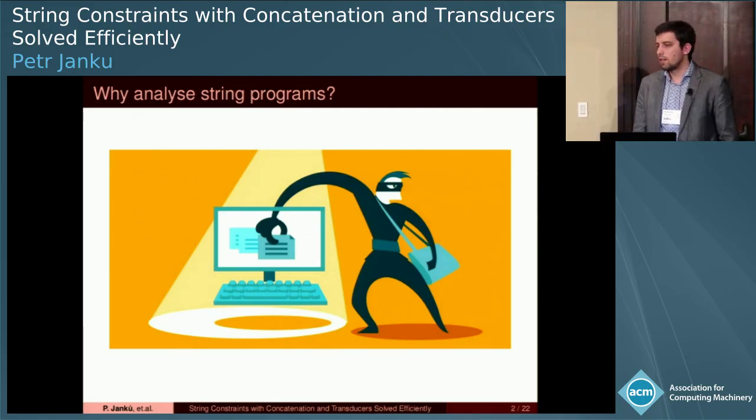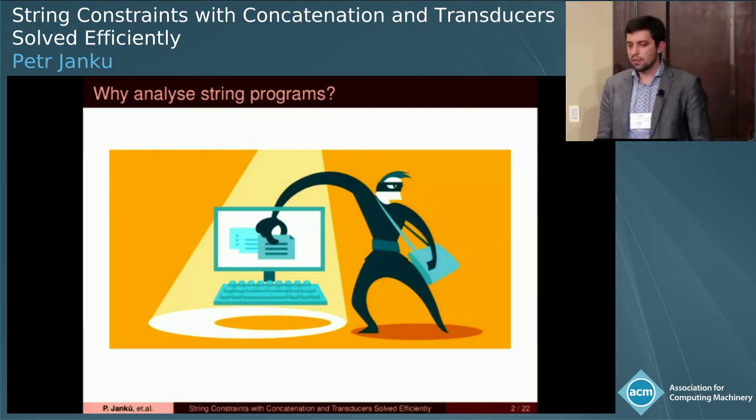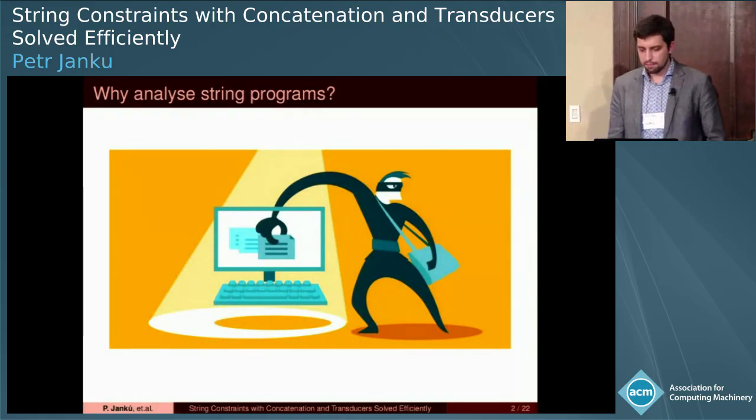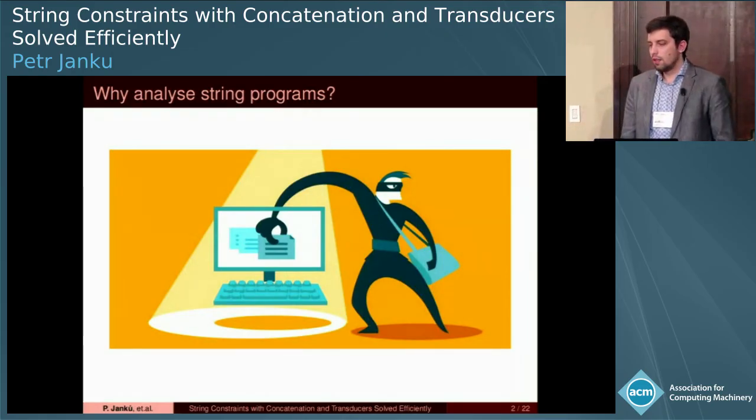String manipulations are often difficult to reason about automatically and could easily lead to unexpected errors. Some of these errors could have serious security consequences. For example, cross-site scripting or injection flaws, which are among the most serious web application vulnerabilities.